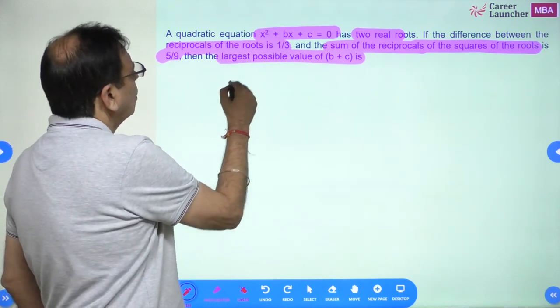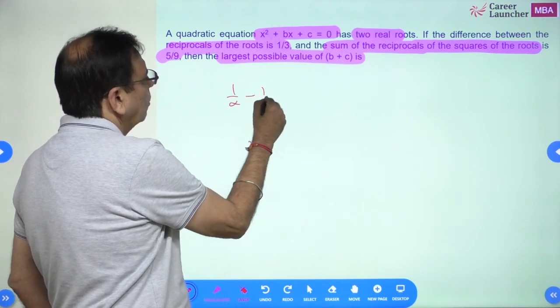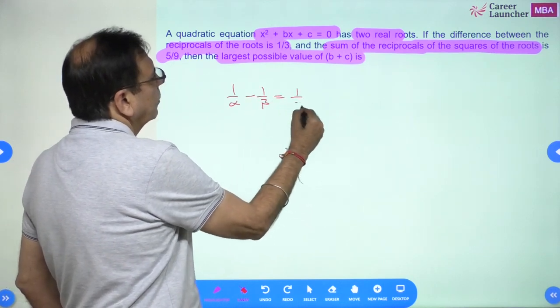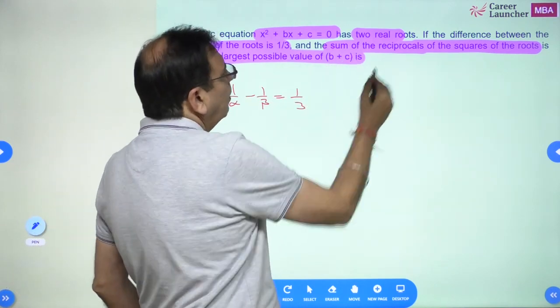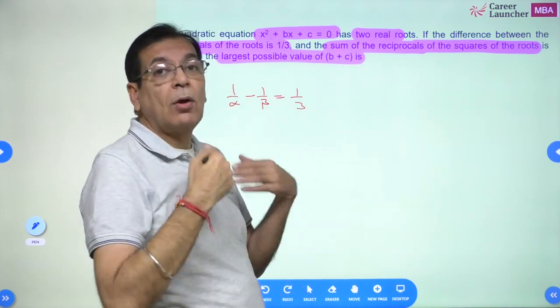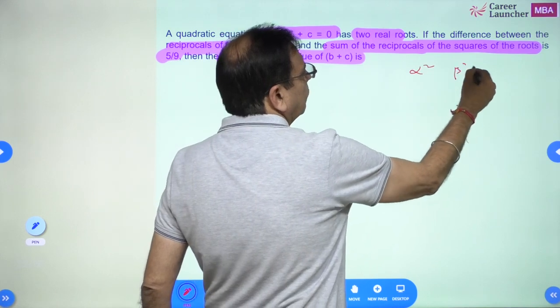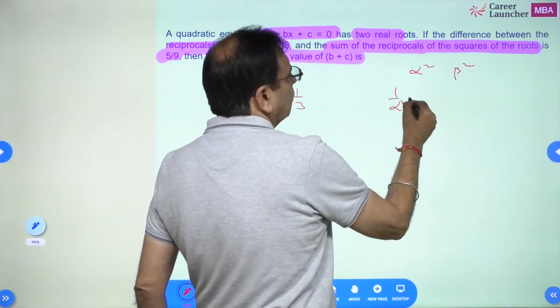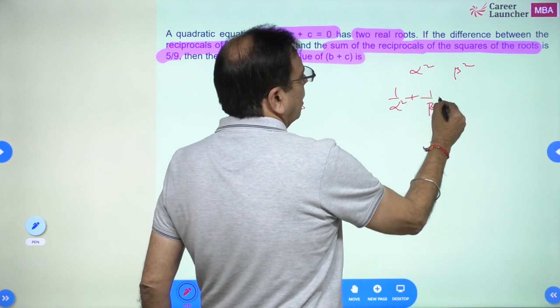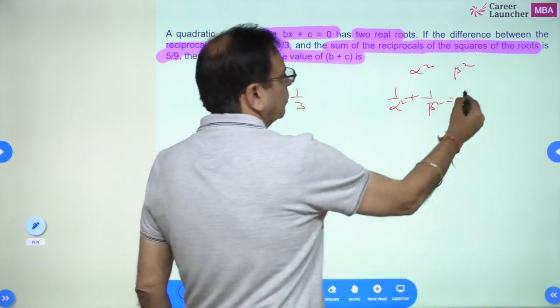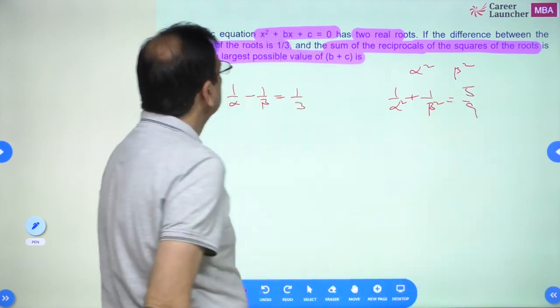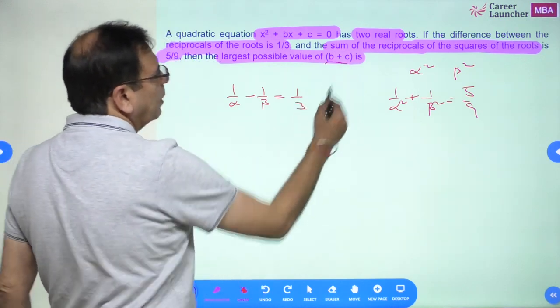Difference between reciprocals of the roots, so 1 by alpha minus 1 by beta is equal to 1 by 3. And sum of the reciprocals of the squares. Squares क्या होंगे? Alpha square and beta square. So sum of the reciprocals of the squares is equal to 5 by 9. Okay. What is the largest possible value of b plus c?